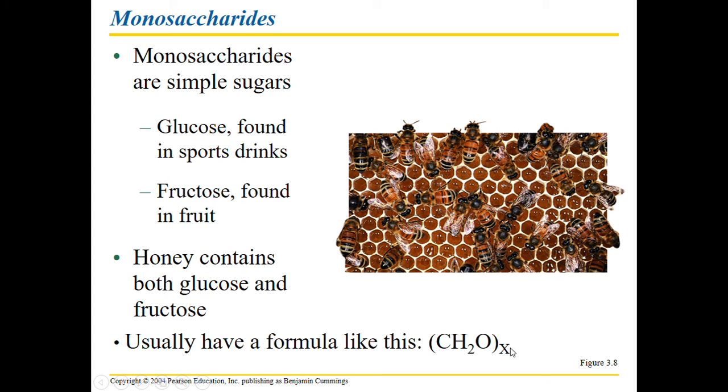So if we have a 5 carbon sugar, we would write a 5 down here and multiply every little number by 5. Let's pretend there's a 1 here, 2 here, 1 here. With 5 carbons, it'd be C5H10O5. If we had 6 carbons, remember glucose has 6 carbons, it would be C6H12O6, which is what scientists will often call glucose. They'll just say C6H12O6.